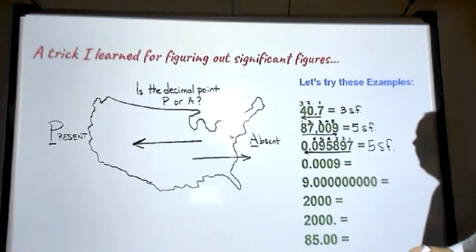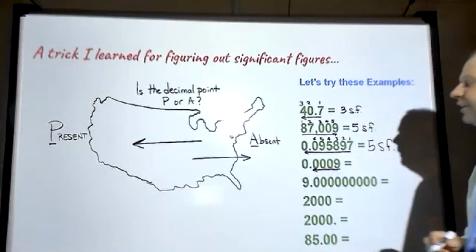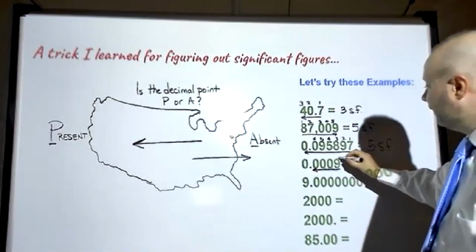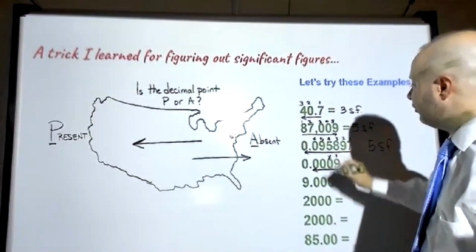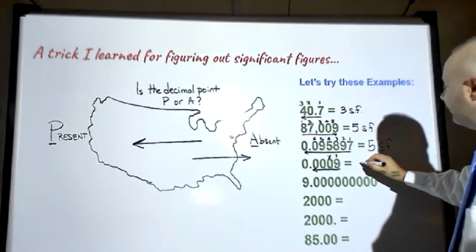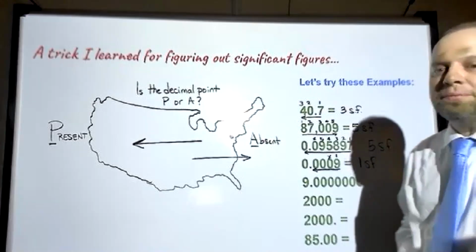Okay, let's look at our next example. Again, we're going to count from the right side to the left side. We start here with the 9, that's 1, and that's it. We stop after that because everything in front of the 9 is a 0. That means this has 1 significant figure.